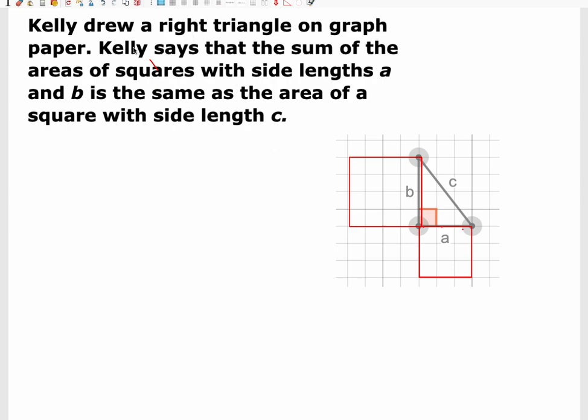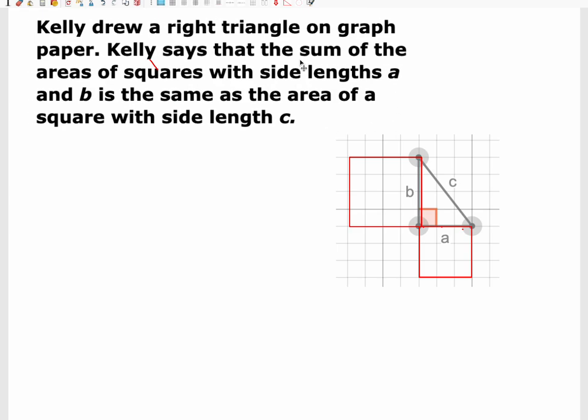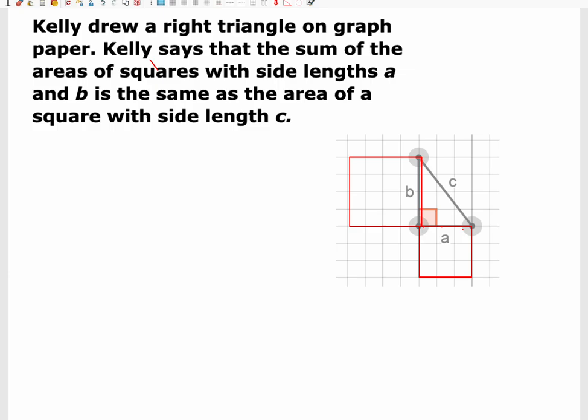This is kind of a tricky statement, but you know what all these words mean. Kelly says that the sum. What does sum mean? We're going to add 2 things. So we're going to add the areas of these 2 squares. What is the area if the side length is 3? Well, if that side's 3 and that side's 3, then the area is 9.